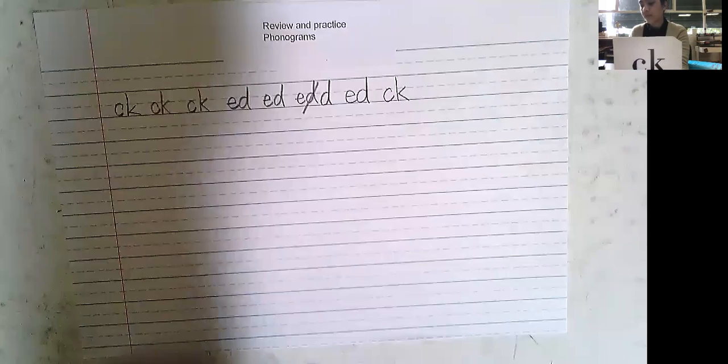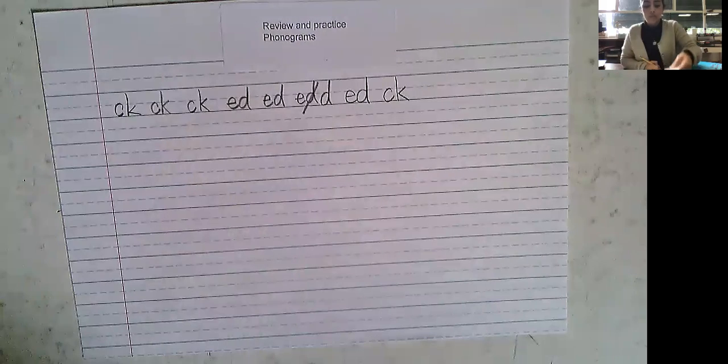Two-letter k, used only after a single vowel, which says a, I, a. Write it down. Ed, d, t. Past tense ending. Write it down.